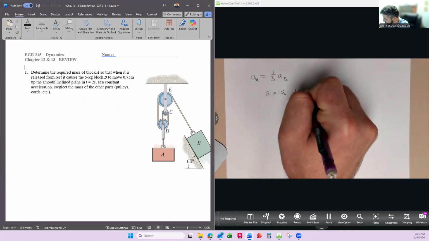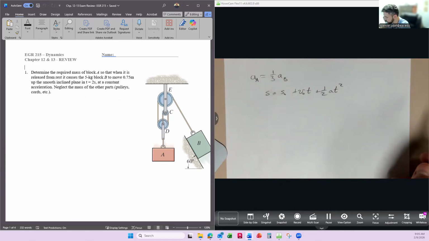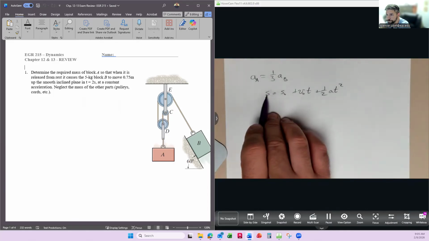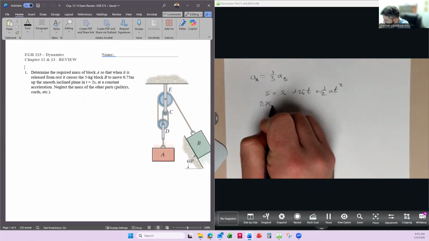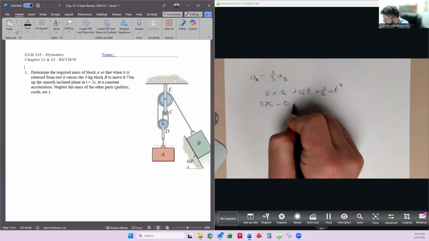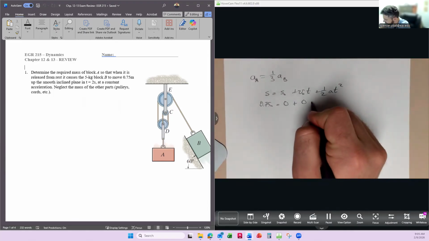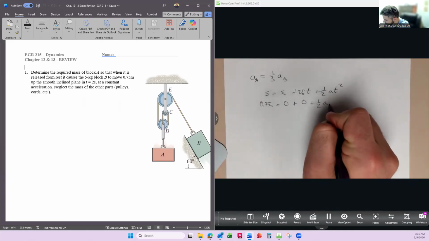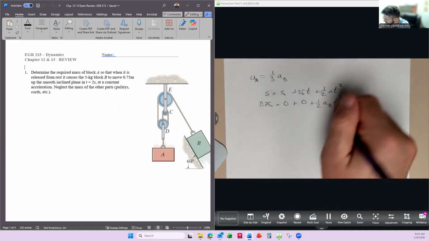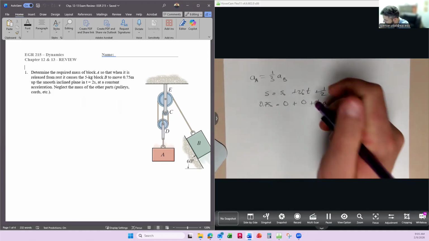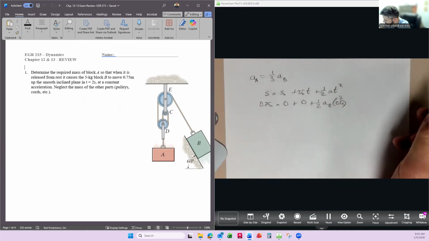X equals X naught plus V naught T plus 1/2 A T squared. If that's the one we need, then let's go to a final position of 0.75 meters, starting from zero, starting from rest for our V naught, and that could be 1/2 whatever AB is, times T squared, and they gave us T, 2 seconds, so 2 seconds squared.